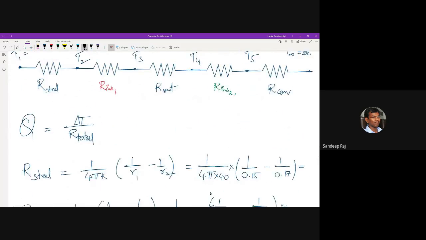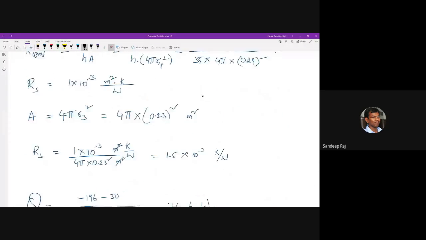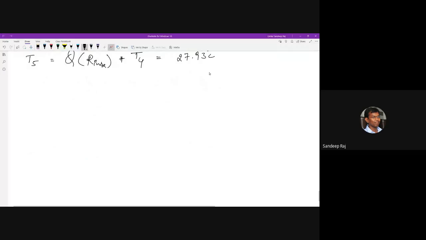Along with this, he's asking you one more thing in this question. He's asking for the overall heat transfer coefficient. First, let me explain the concept of overall heat transfer coefficient to you.